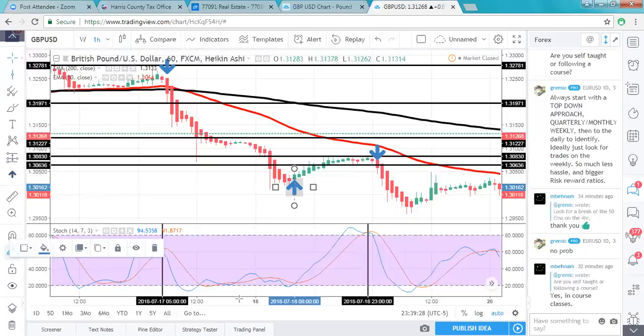Or if this stochastic dives below the 20. So if this stochastic dives below here and crosses, and I start seeing this motion, if I see this cross for this up move, then I would typically get out.